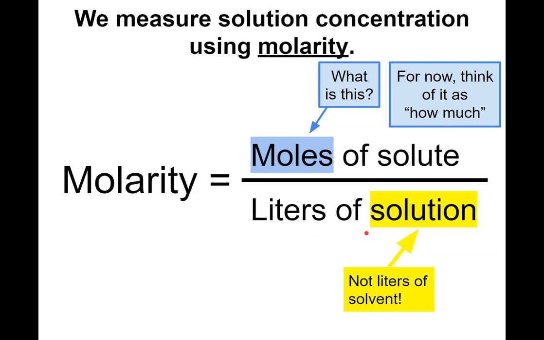So if you're making sugar water, this doesn't say add so many moles of sugar and so many cups of water. It's saying you put this much sugar in enough water to make say 2 liters or whatever. So the completed solution, that's what this is measuring.